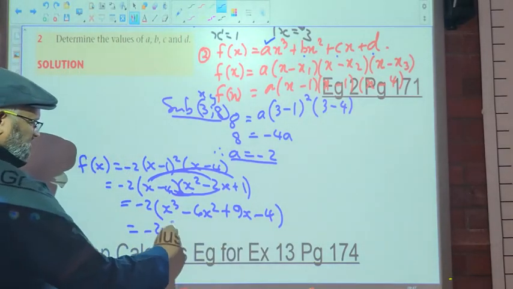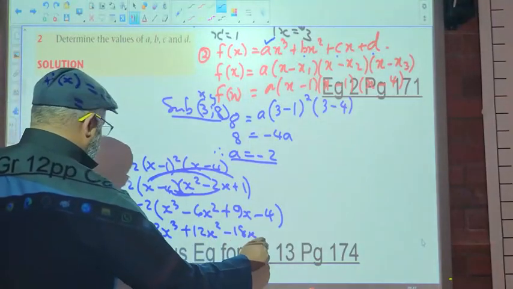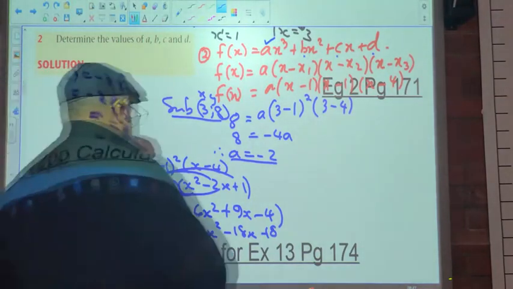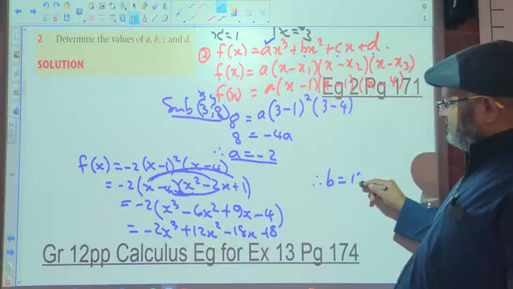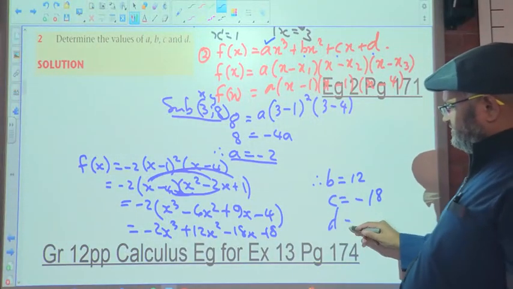It's going to be negative 2x cubed plus 12x squared minus 18x plus 8. Remember, the a value is already sorted. Therefore, b has to be 12, your c has to be negative 18, and your d is 8. Just check if that's correct.